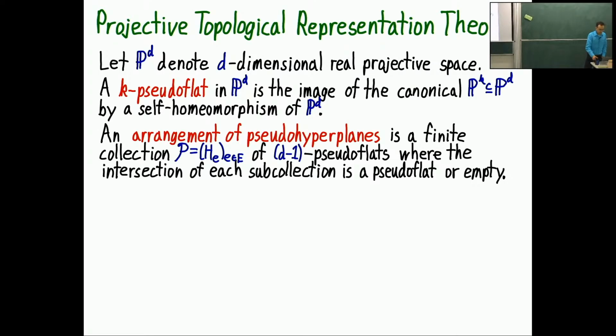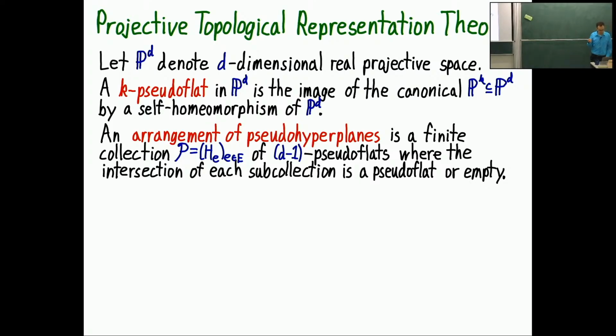And we'll call the arrangement of pseudo-hyperplanes a collection of d-1 pseudoflats, where the intersection condition I need is that any subcollection will have to intersect in a pseudoflat.